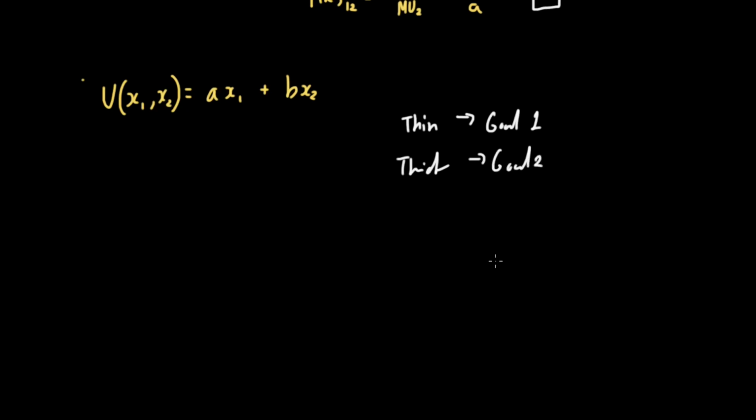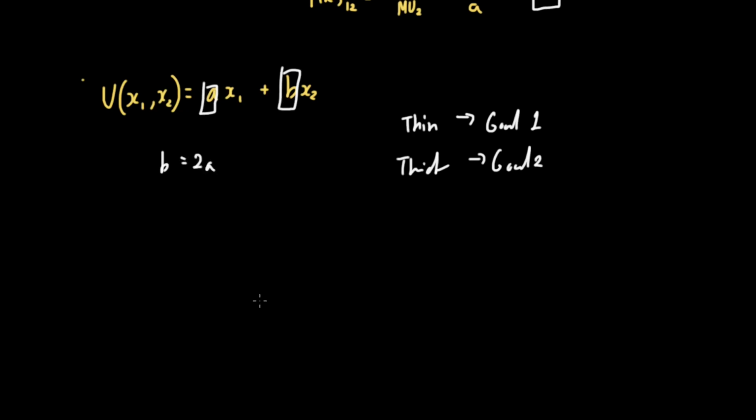So again, the consumer gains twice as much utility from the thick notebook than the thin notebook. So here, B is actually 2 times A. So B is actually equal to 2A.